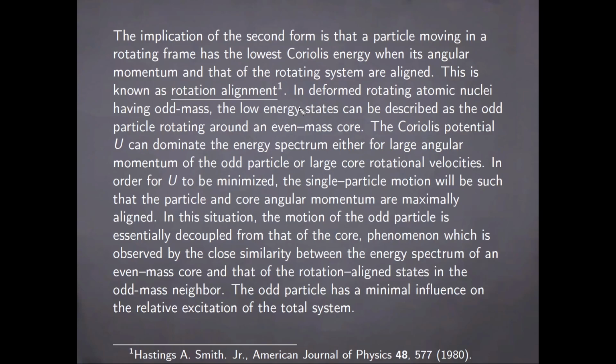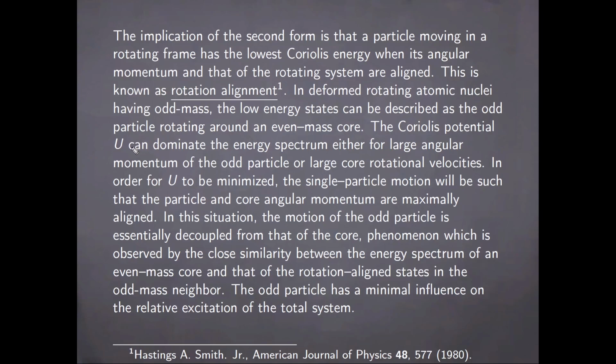What is said there is that in deformed rotating atomic nuclei having odd mass, so a total number of protons and neutrons which is odd, the low energy states can be described as the odd particle rotating around an even mass core. Even mass meaning that a core has an even total number of protons and neutrons.